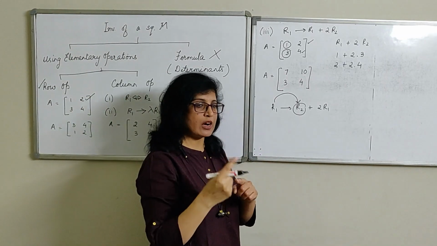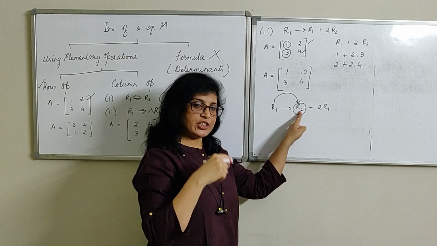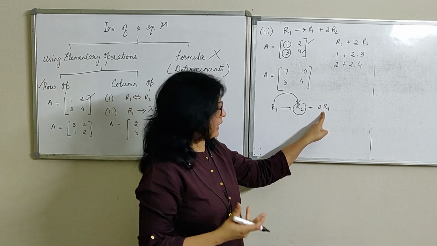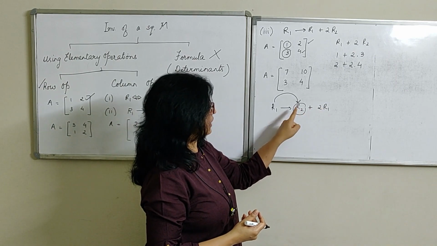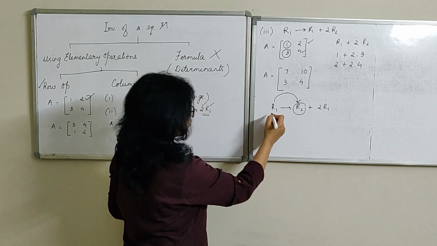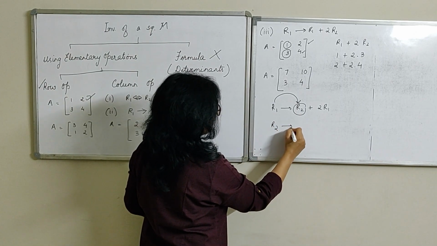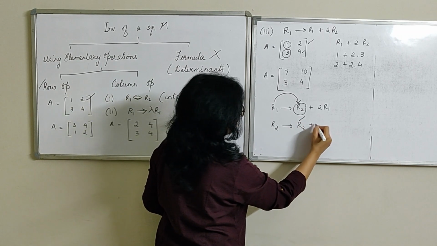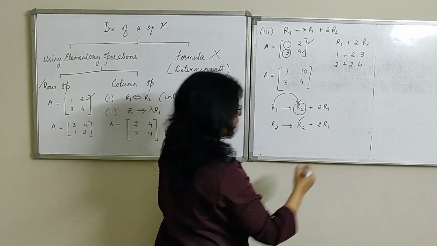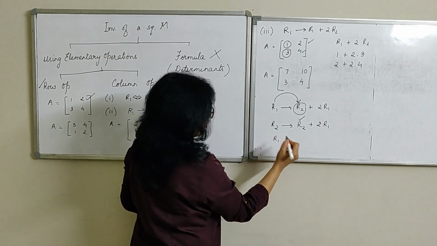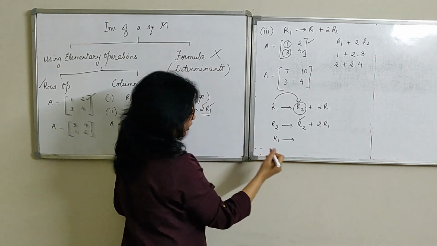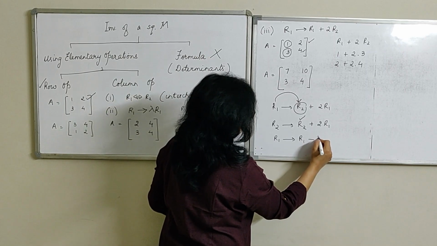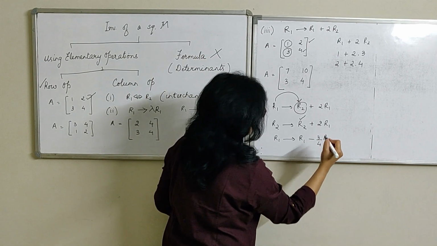What are we doing? Which row are we changing? This row. How are we changing this row? By adding or subtracting something to the corresponding elements. And finally, the second row can be obtained. So the correct operation would be like this. A new row 2 can be obtained if to the initial row 2 we add twice of R1, or a new row R1 can be obtained if from each element of the initial row, suppose we subtract 3 by 4 times row 2.